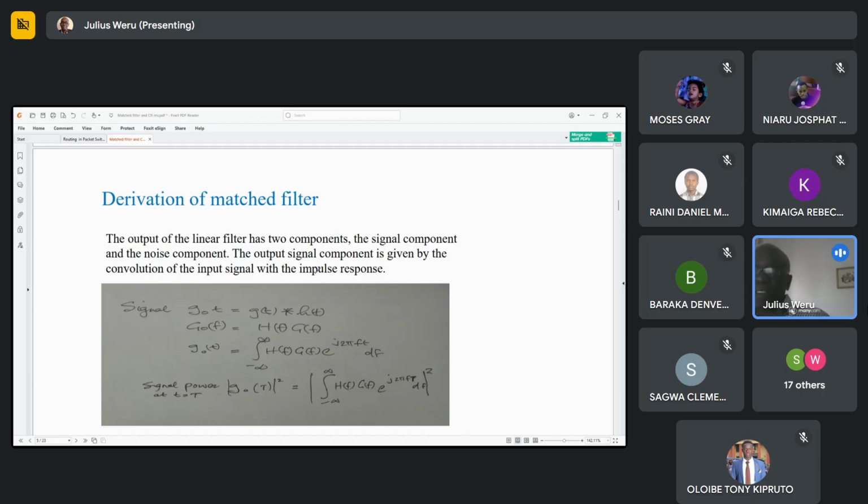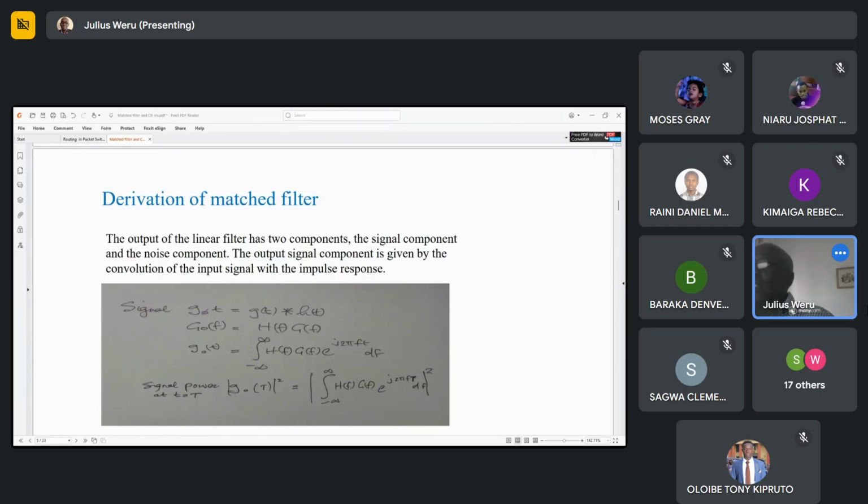I hope all of us now are quite familiar with what is impulse response. It is the response a system gives when it is given the unit sample.